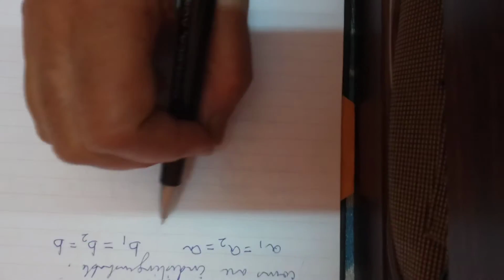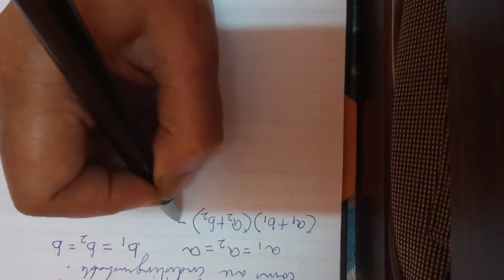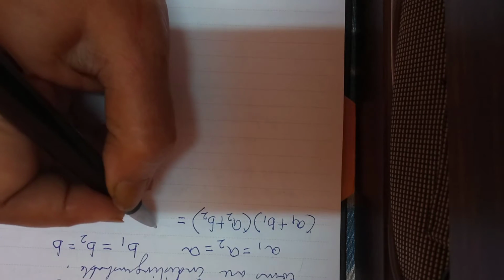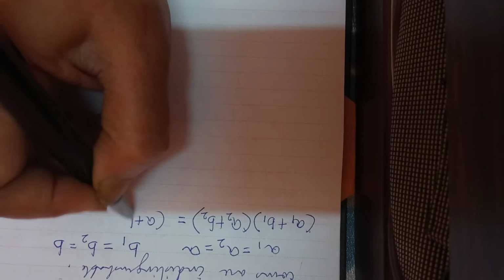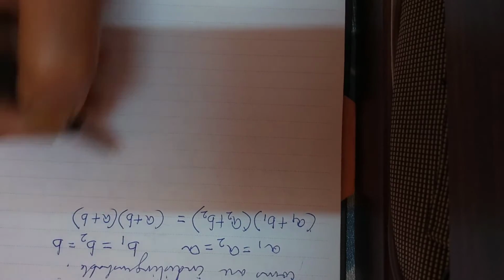So now the heads will look the same, the tails will look the same. So the typical expression of (A1 plus B1) into (A2 plus B2) would be equal to what? (A plus B) into (A plus B).